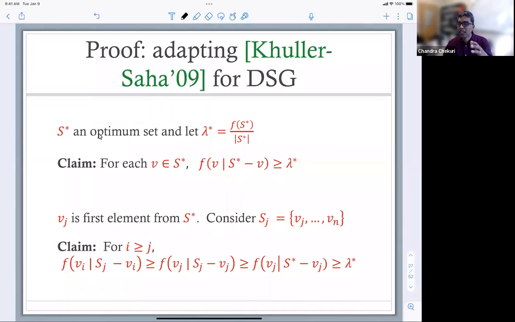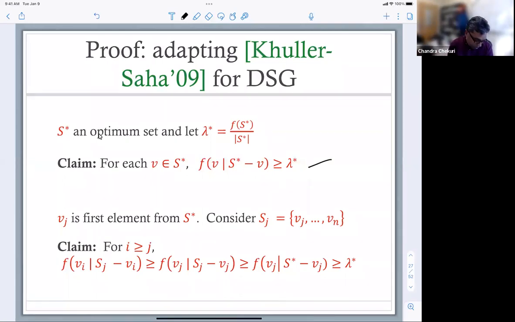If S star is the optimum, you should not be able to take any v out from S star and still be good. So the marginal value of every vertex in S star should be at least lambda star. Otherwise, S star minus v would be a better set than S star. This has nothing to do with supermodularity, just with monotonicity. This is a simple observation for any function as long as it's monotone.